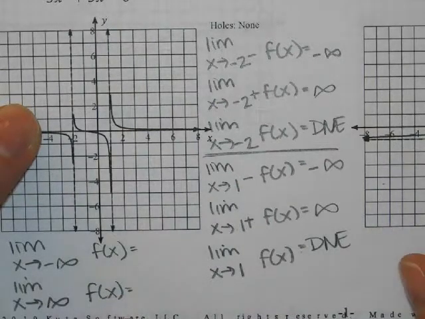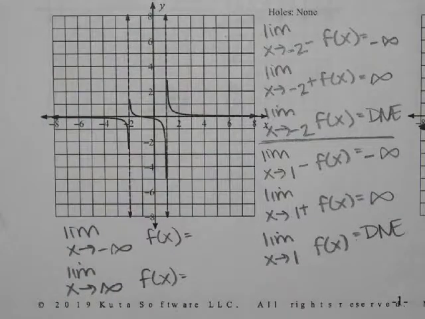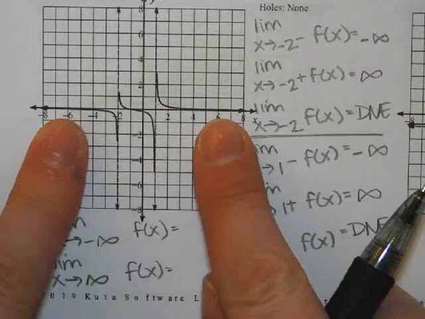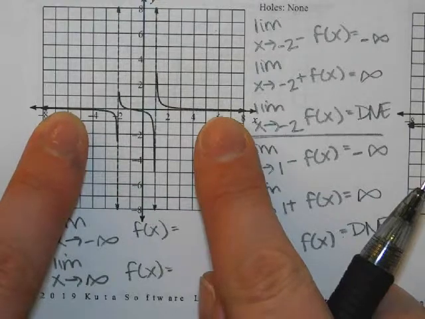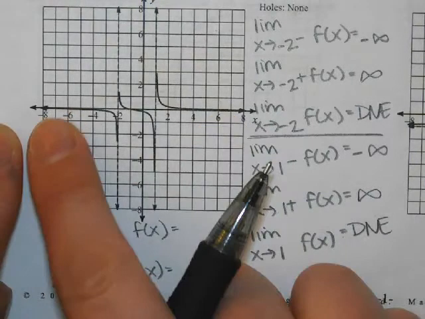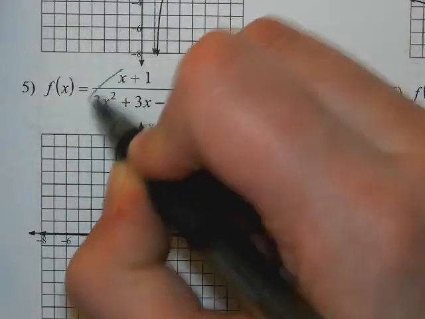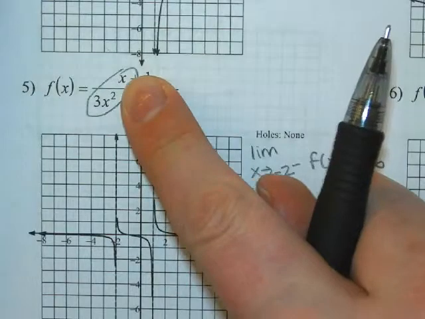Okay. And then for the end behavior, we want to know if we have a slant or a horizontal asymptote. Can you tell from the picture? Is it horizontal or is it slant? It looks like horizontal. It's not slanted, right? That's perfectly horizontal. I can also tell by looking at the equation. The degree on the top is a 1.